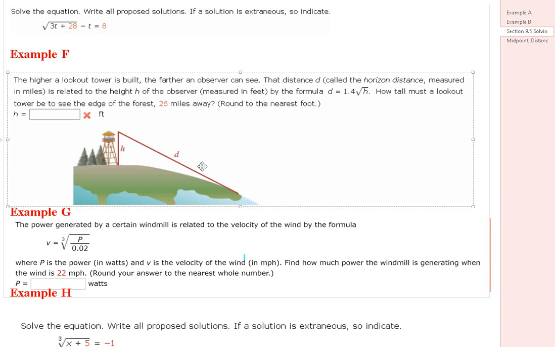The higher the tower, the farther an observer can see. That distance d is called the horizon distance measured in miles. It's related to the height h of the observer measured in feet with this formula, d equals 1.4 times the square root of h. So that's where we should kind of pick things up. Let's write that down. So this is example F.